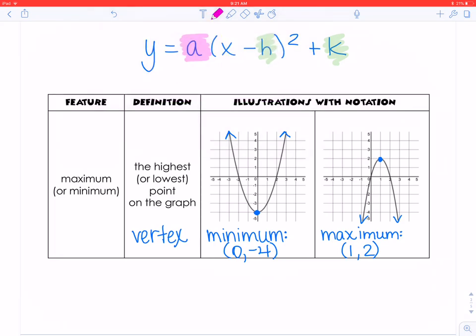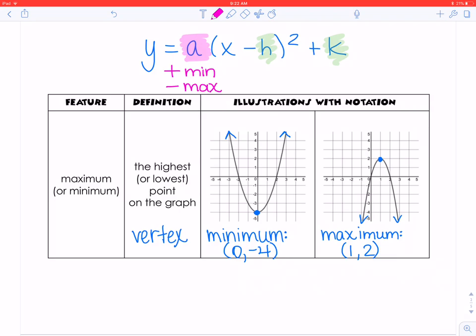So if our a is positive and we're opening up, that means we have a minimum. And if our parabola opens down because our a is negative, that means our vertex is going to be a maximum. So we could tell just by looking at our equation because we know whether we open up or down.